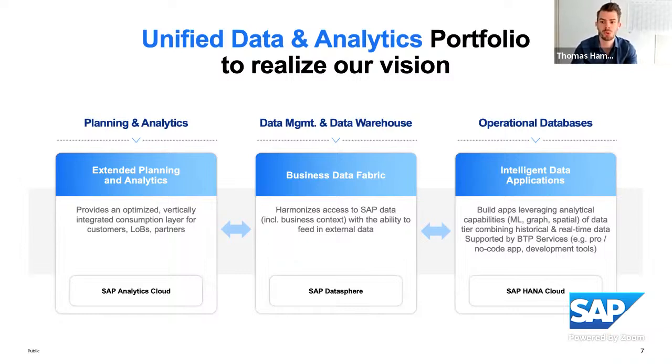Both is valid and both show different perspectives. But here, what you see is a linkage to the actual functional product offering. So SAP Analytics Cloud for planning and analytics, SAP Datasphere for data management and data warehousing, and SAP HANA Cloud as an operational database for your individual applications running within the SAP BTP.